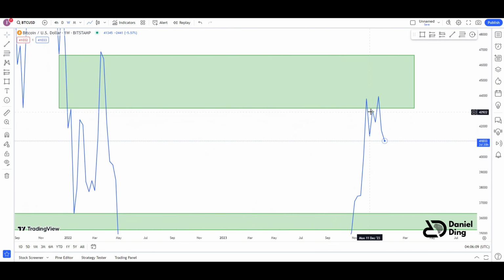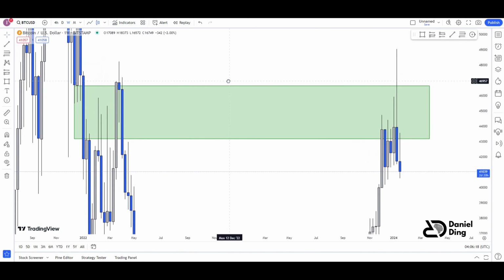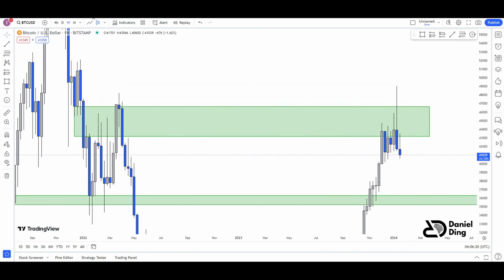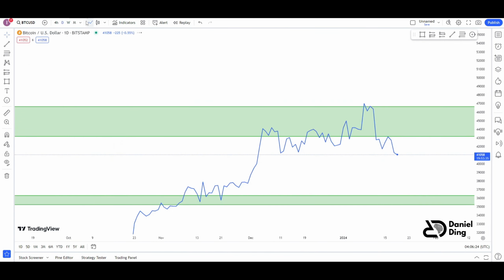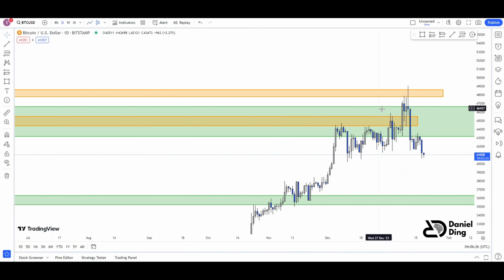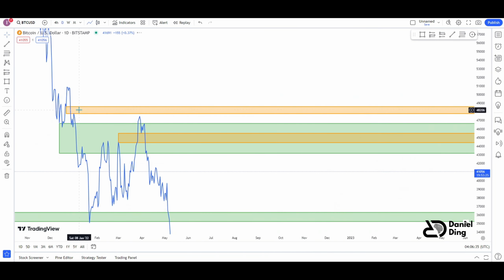See that base here has been revisited and retested. And as I mentioned, you have to take note of the daily base also. This is why the price went all the way to 49, because there is a base at 49,000.